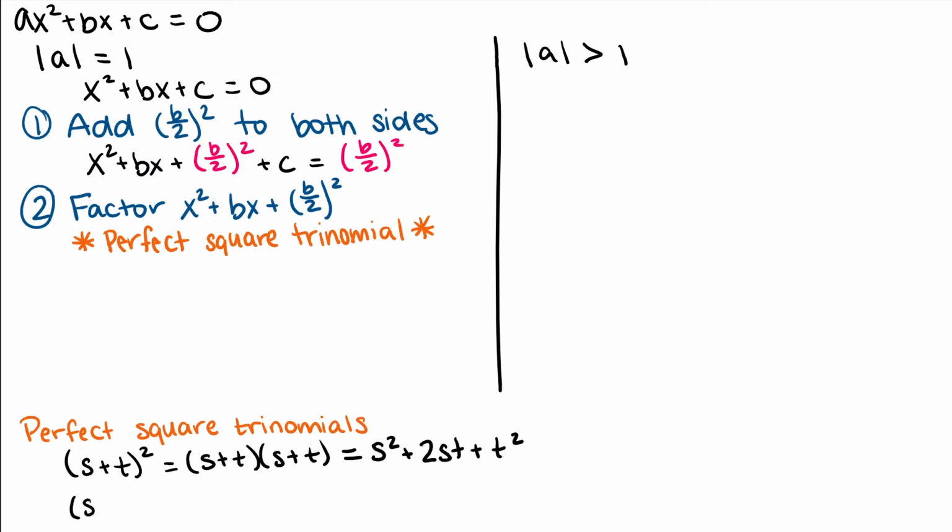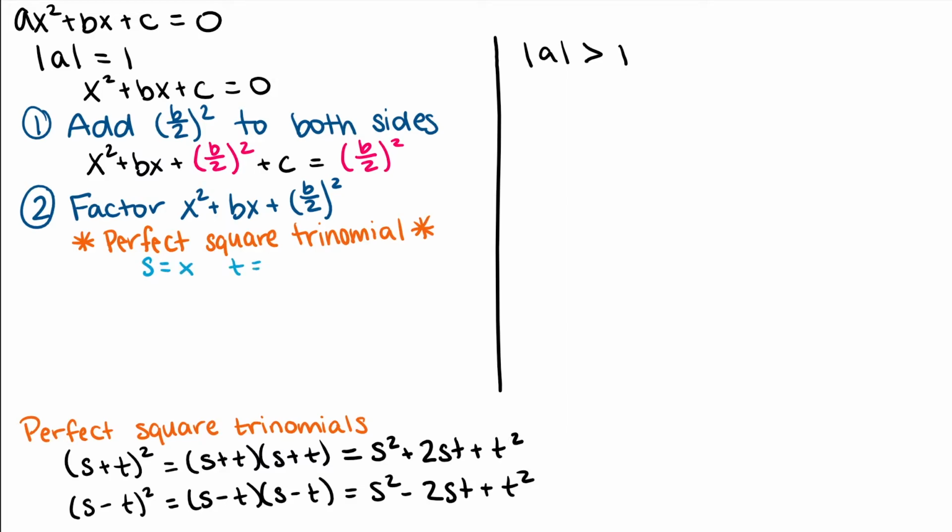We can also do a perfect square trinomial if we have (s minus t) squared. So this is just (s minus t) times (s minus t), which is equal to s squared minus 2st plus t squared. Well, if we look at x squared plus bx plus b over 2 squared, our s would be the x term, x squared is our s squared, and our t would be the b over 2.